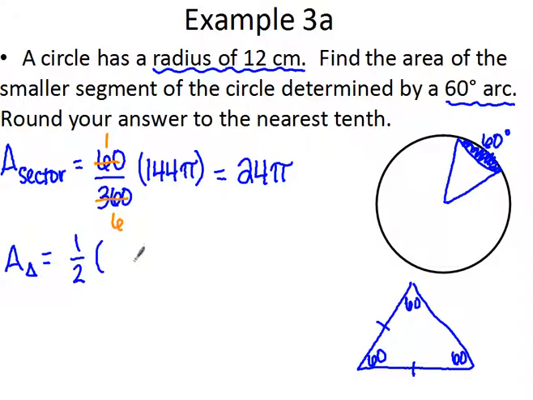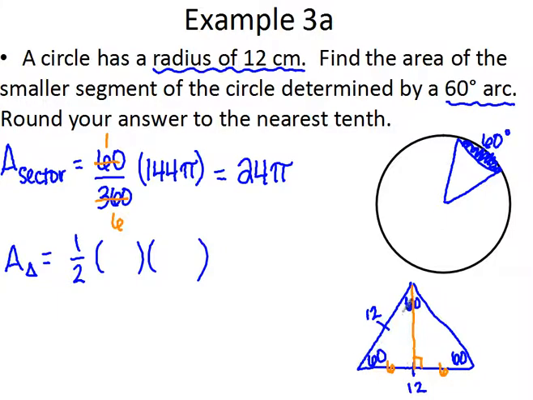So it's 1/2 times the base times the height. Now, we already talked about how this triangle is an equilateral triangle. That means that all of the sides are 12 because two of the sides were already 12 because they're radii. So then all of them are 12. Okay? Now remember back when we used to split these in half right down the middle and create a right triangle out of it. That splits the bottom 12 into a 6 and a 6.